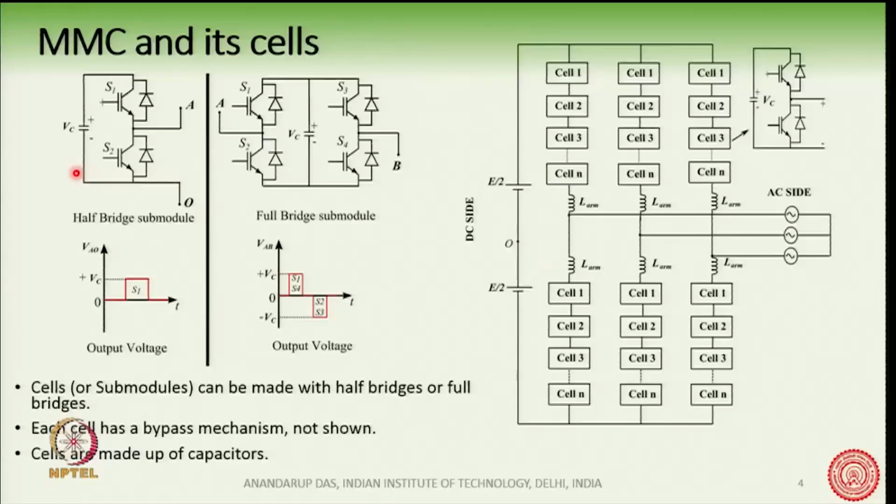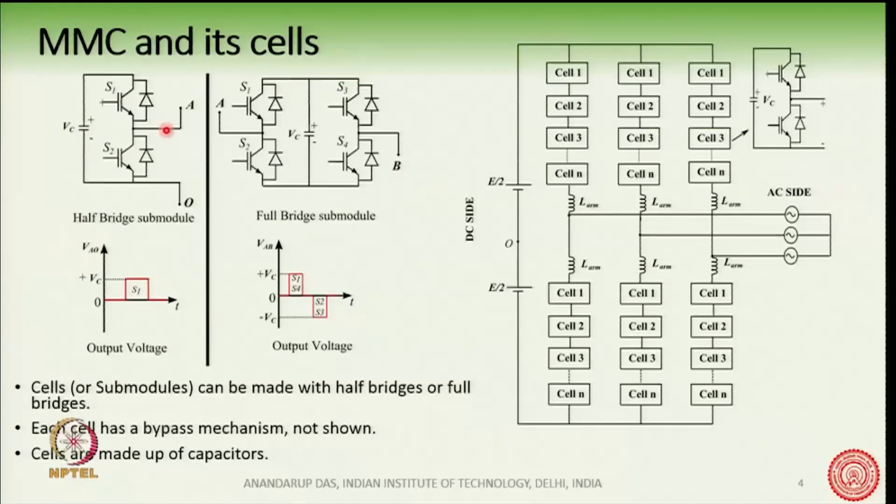There is no isolated DC source connected to the DC bus of this cell. In a similar fashion, for the full bridge submodule, we have a capacitor here and there are 4 such switches. In the half bridge submodule, points A and O are the 2 ports of the cell. Similarly, in the full bridge variant, A and B are the 2 terminals of the cell.